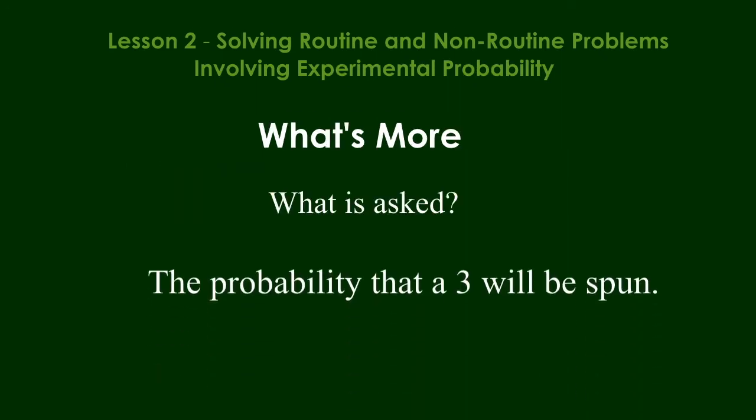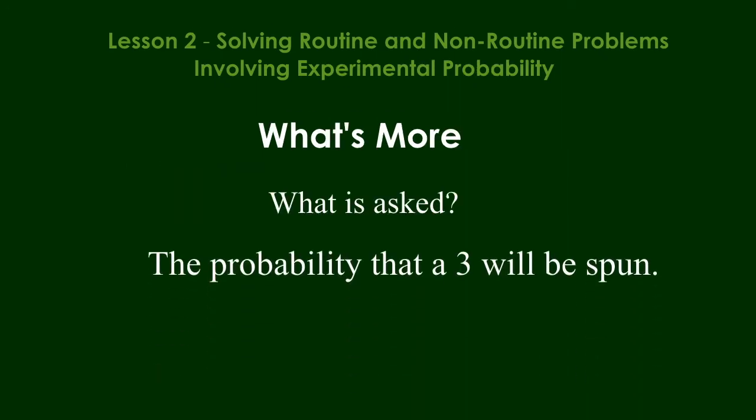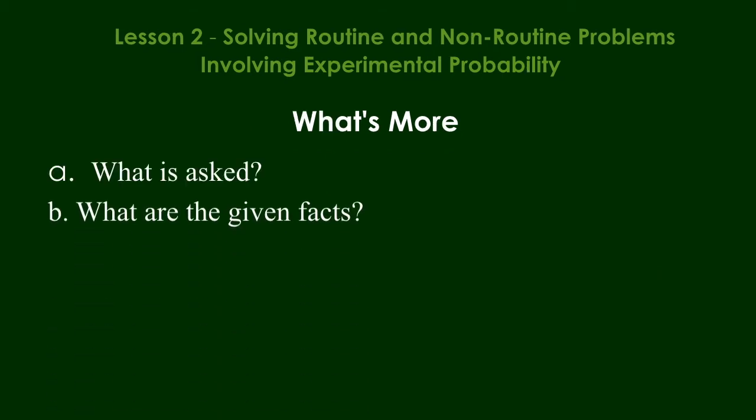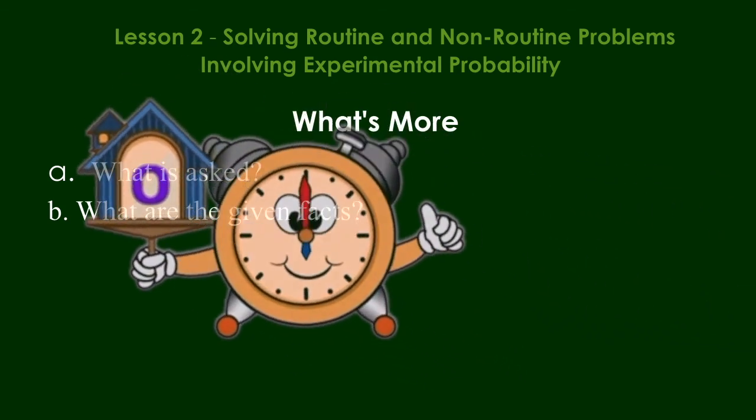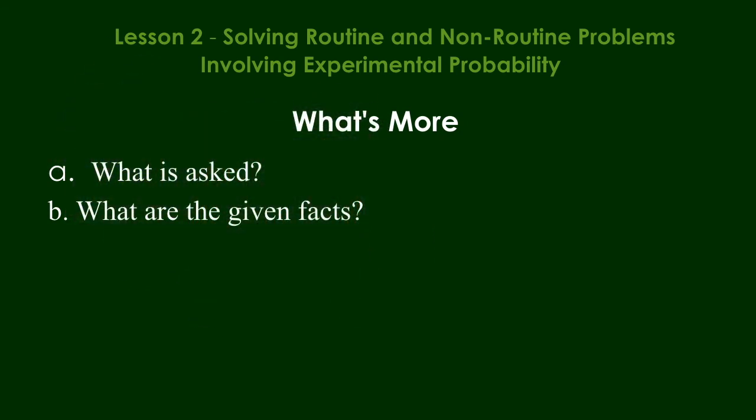Time is up. The answer is the experimental probability that the 3 will be spun. Next, letter B. What are the given facts? What is your answer? Timer starts now. Time is up.